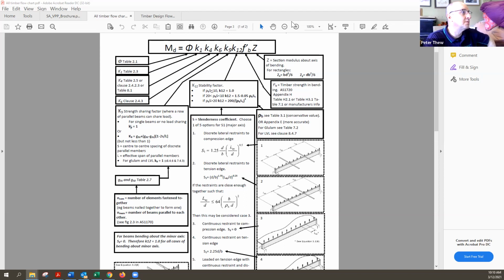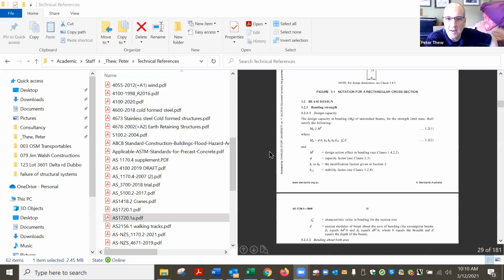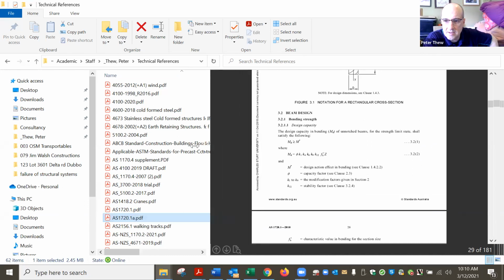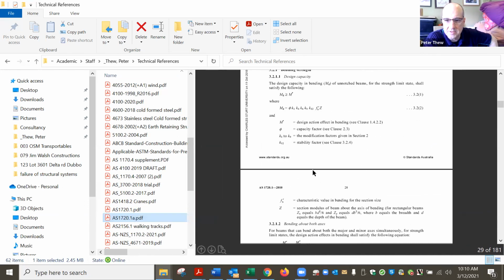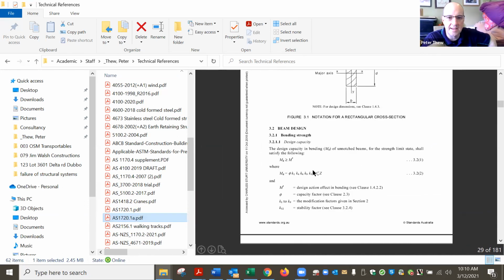Okay, let's stop this share. If you guys can open up that PDF document I had open and have it beside you. Yep. All right, and now you can hopefully see the standard there. Actually, let me try one more method.